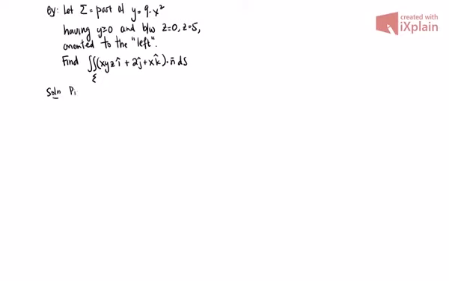So here's a picture of sigma. If it helps, we know what y equals 9 minus x squared looks like in 2D. That can help us with the parabolic sheet.